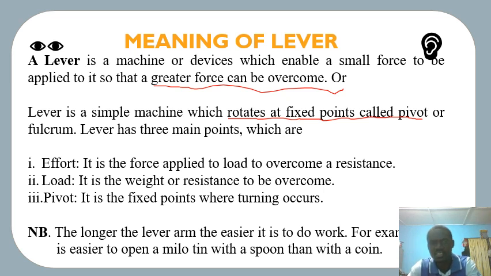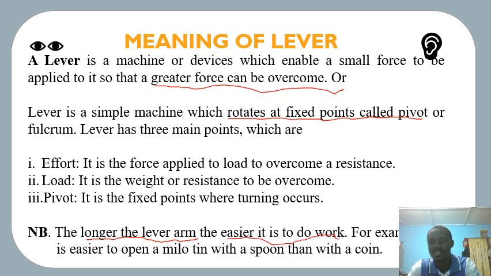The position of these 3 parts, the effort, load, and the pivot, will tell you the class that particular simple machine belongs to. So NB, we say the longer the lever arm, the easier it is to do a particular work.